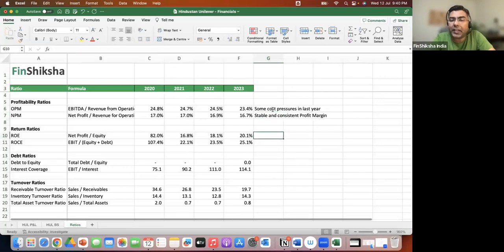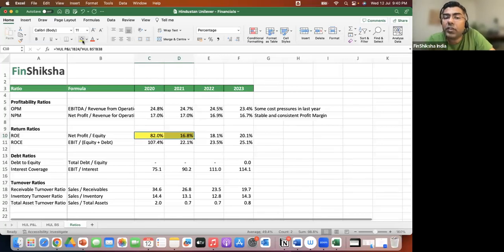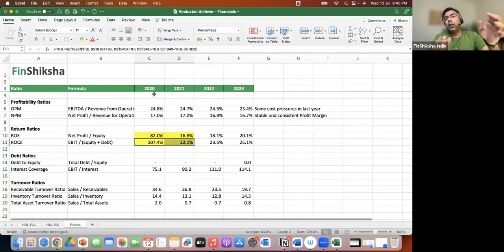There's an interesting dip in this number. Return on equity was 82% for them in the initial years, and that dropped dramatically to 16%. Same for return on capital employed, dropped dramatically. Now, why did this happen? The culprit here was the acquisition that happened.